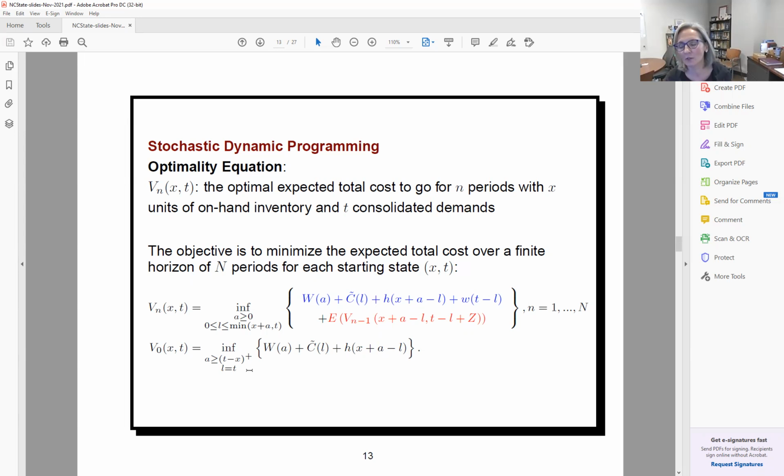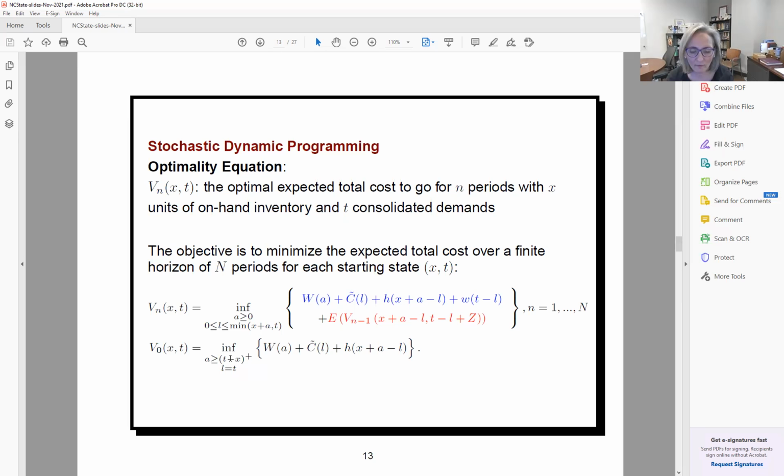This is the cost that is incurred at the end of the planning horizon. At the end of the planning horizon, the assumption is that you clear all outstanding orders. You dispatch the entire consolidated quantity, that is L is equal to T, and then you decide on the order quantity depending on your needs.